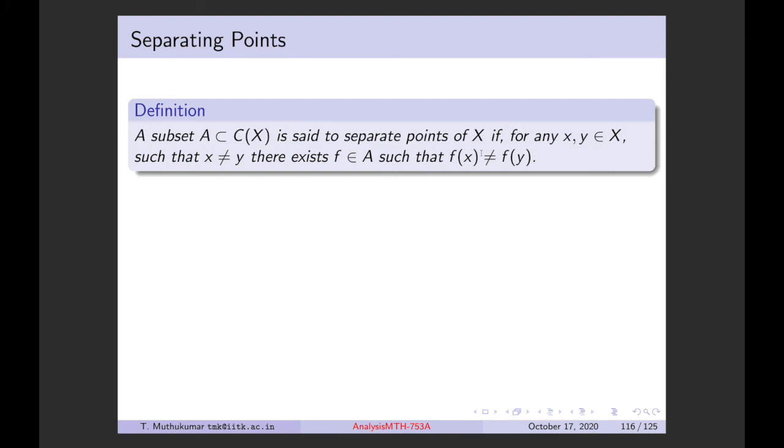Which is what separating points means. You take two distinct points, then you can find an element in the subset which takes distinct values on these distinct points. That's what separating points means.